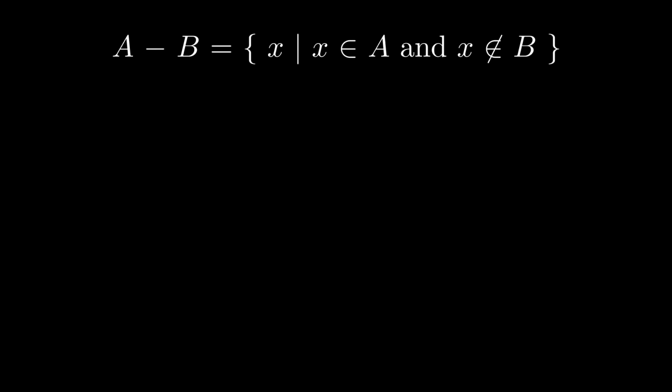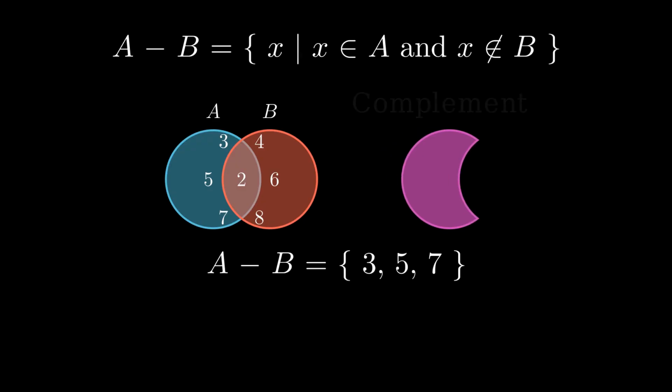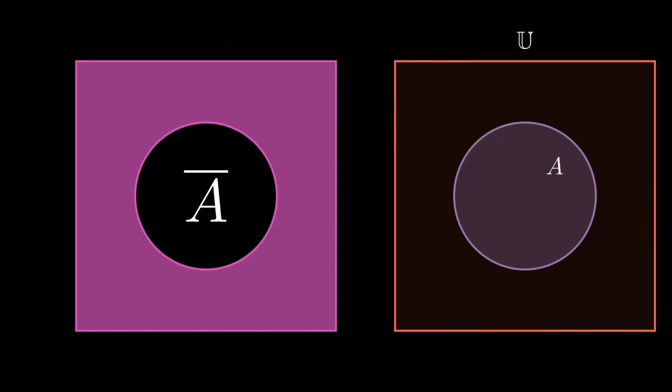Formally, the complement is defined as the set of all x where x is in set A and not in set B. So in our example, the complement of set A with respect to B is 3, 5, 7, which we can represent by highlighting the part of the Venn diagram that is only A and shares no overlap with B. Sometimes, we care about all elements not in a set, so we use a slightly different notation, where we write a line above the set to denote that it's a complement. This is how we would write the set of all elements not in A.